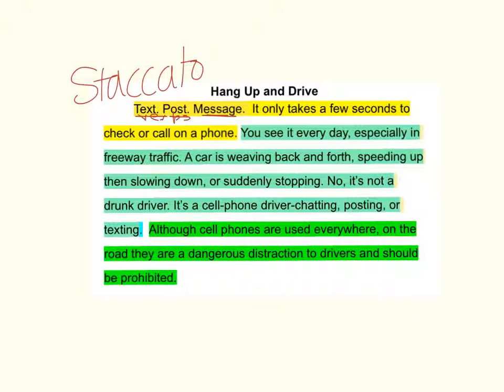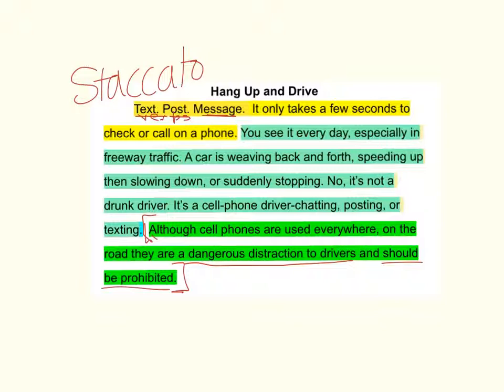So if we jump down here to the claim or thesis in green, although cell phones are used everywhere, on the road they are a dangerous distraction to drivers and should be prohibited.